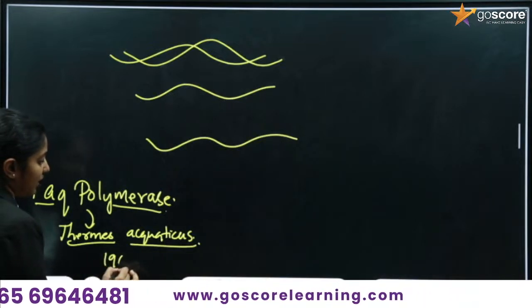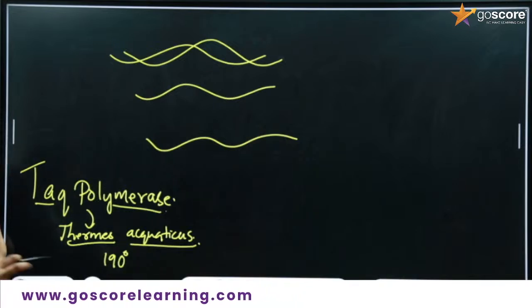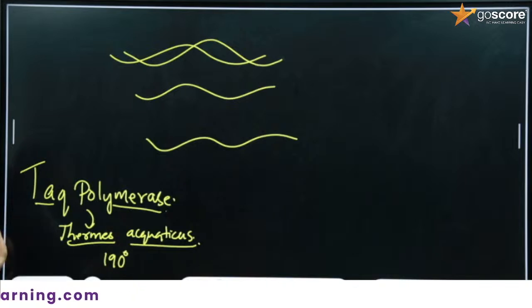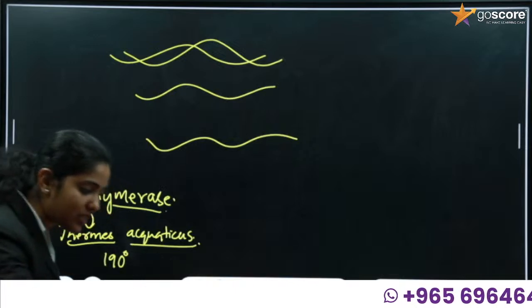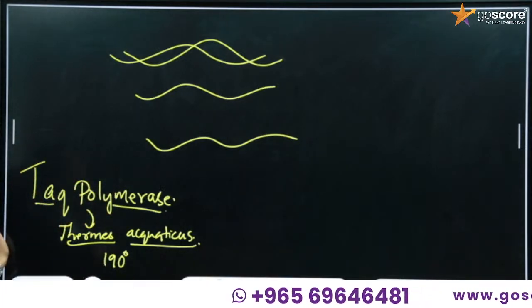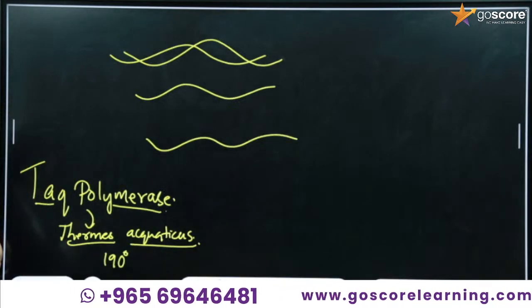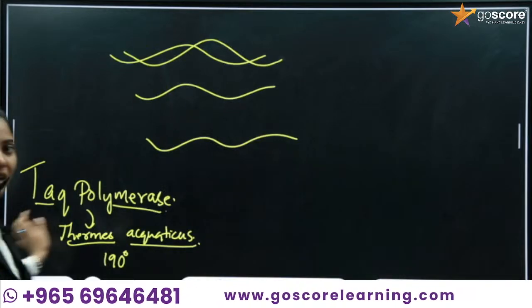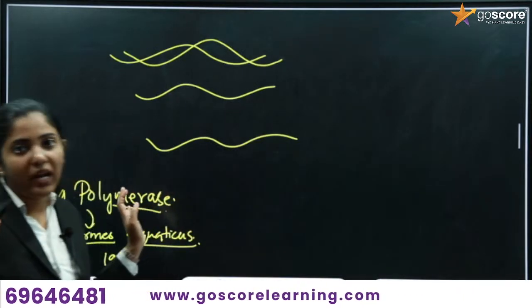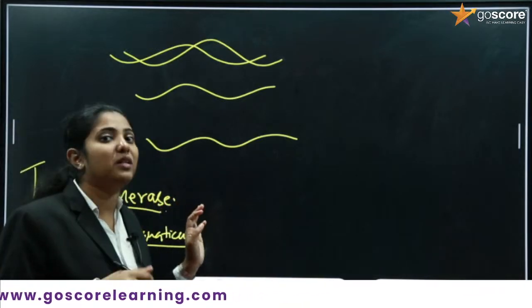From Thermus aquaticus, Taq polymerase is isolated because it can withstand high temperature. That is also one question: why is Taq polymerase isolated from Thermus aquaticus?